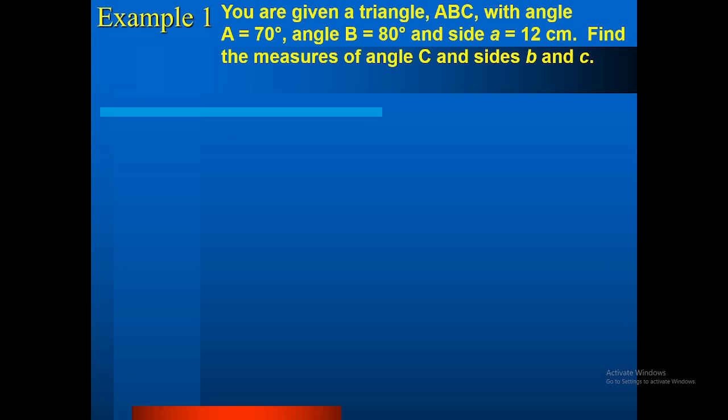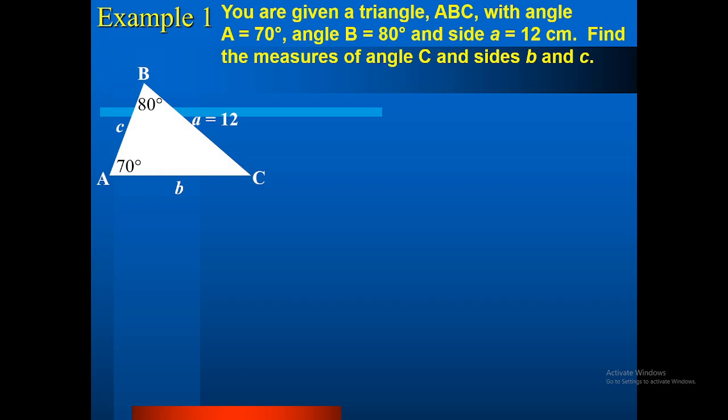You're given a triangle ABC, with angle A is 70, you have it here. Angle B is 80, you have it there. Then side a is 12. So let's find the measure of angle C, this angle over here, that's unknown. And we need to find this side and this side as well.